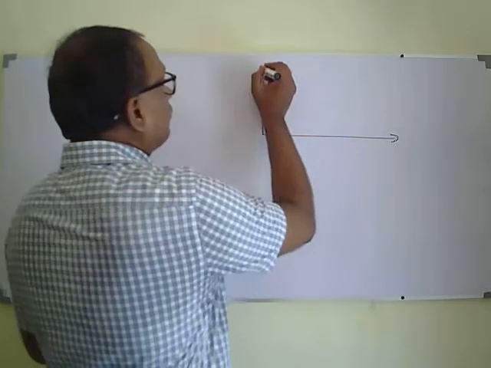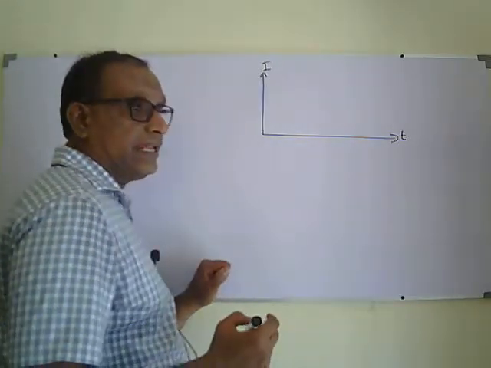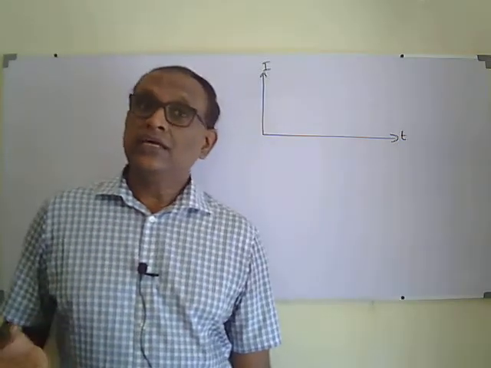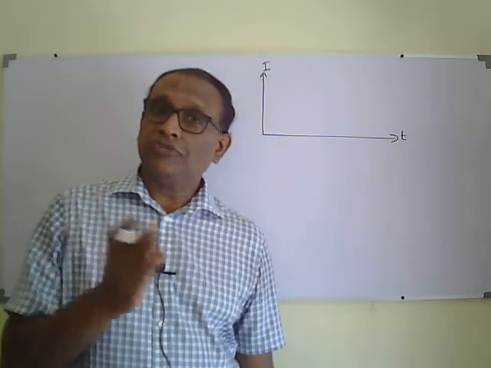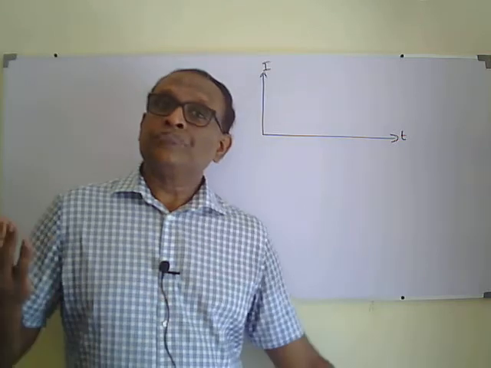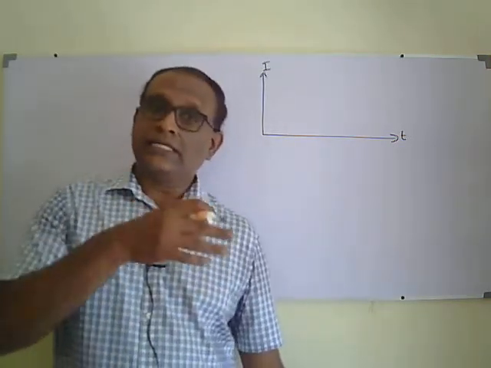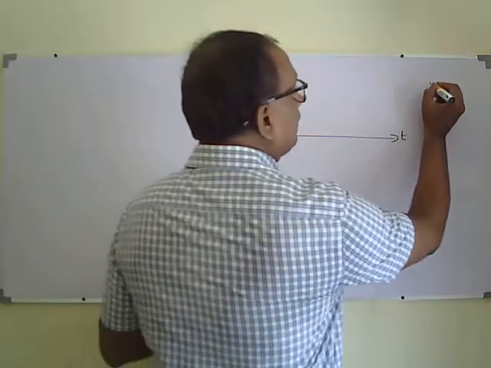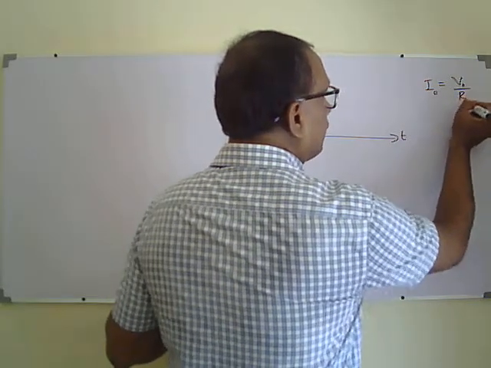So if I plot a graph of current against time, the area covered by the graph and the time axis will give the amount of charge flown in the circuit. The amount of charge flown in the circuit is the charge stored in the capacitor. The initial current I naught is equal to V naught over R, right?